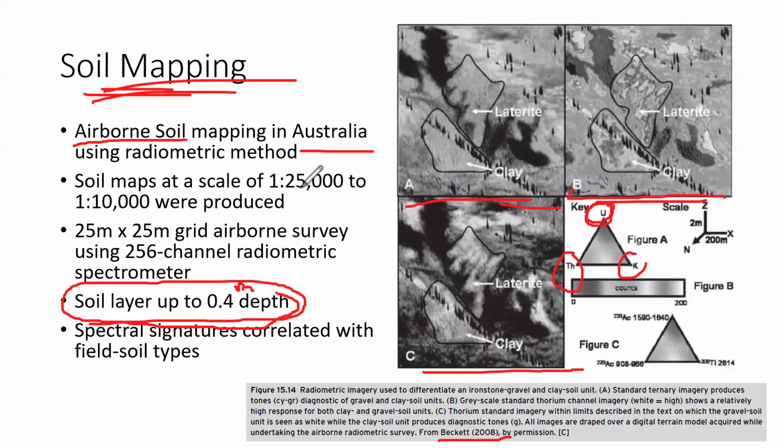Instead, they used gamma ray spectrometry to distinguish the different types of soils. They were able to use this method to map soils at scales of 1 to 25,000 to even 1 to 10,000.